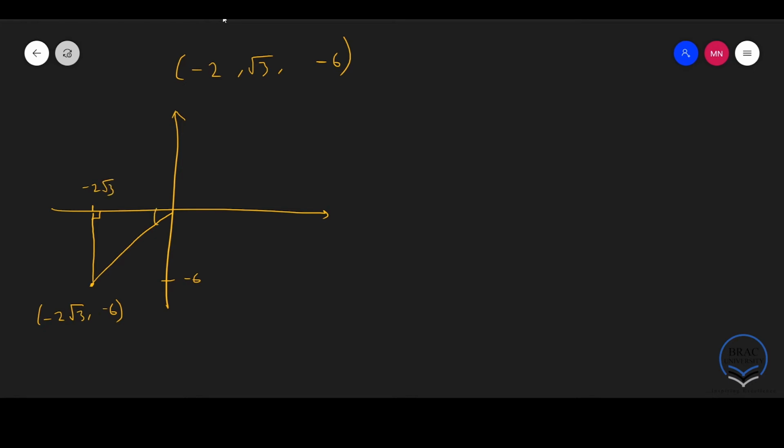So once again, I can find this angle theta by considering the tangent of theta. So the opposite, y, will be minus 6 divided by my x, which is minus 2 root 3. So from this, I can find that the value of theta will be equal to 60 degrees. And this is this angle here.